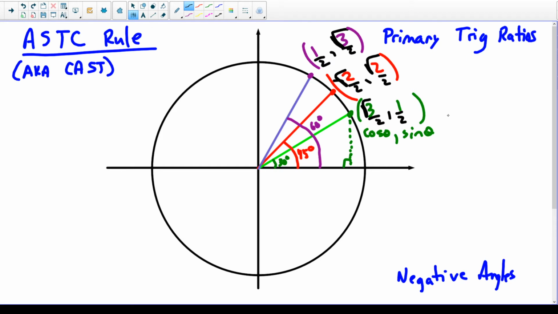And the tangent is an interesting one because the tangent is the opposite over the adjacent. There is another alternative to calculating the tangent. The tangent of an angle is actually equal to the sine of the angle divided by the cosine of the angle.